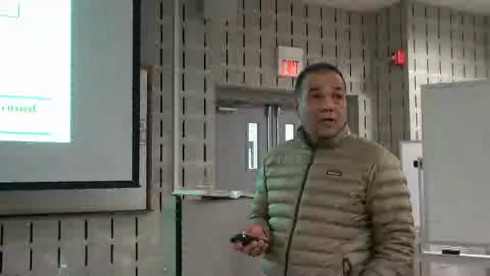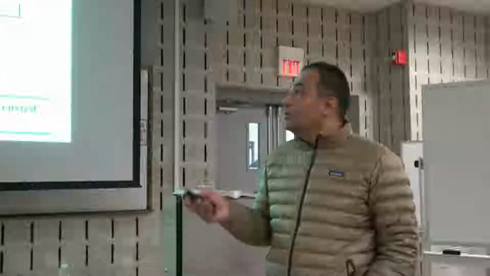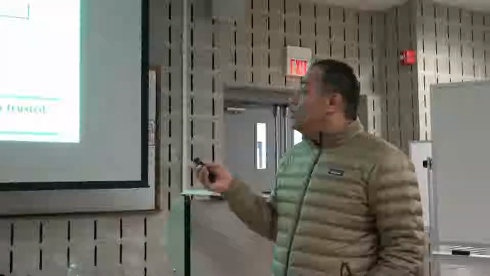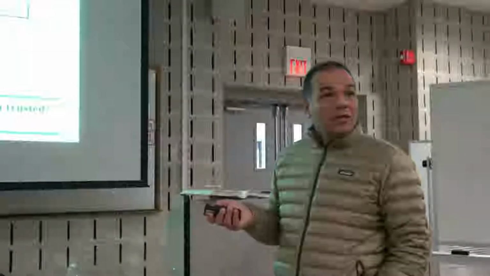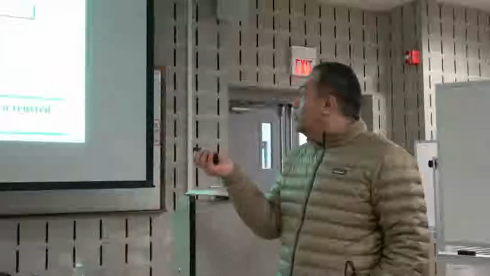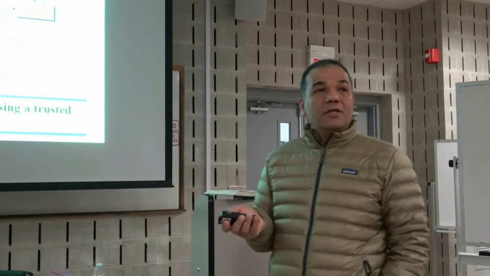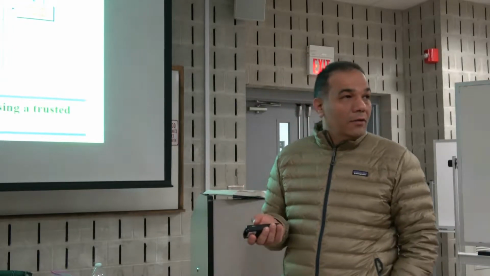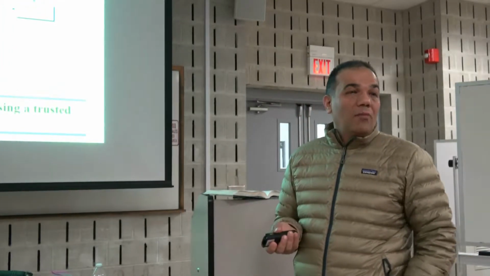The message is a different story. The message could be encrypted. Encrypted with what? With Bob's public key. So the only person who can read it is Bob. Why? Because Bob has his own private key.